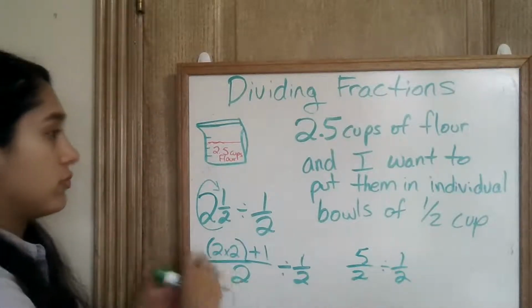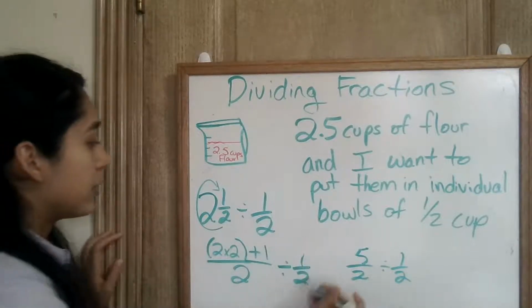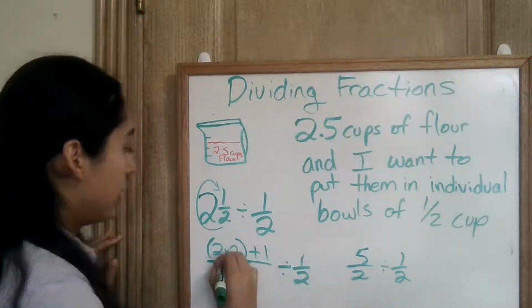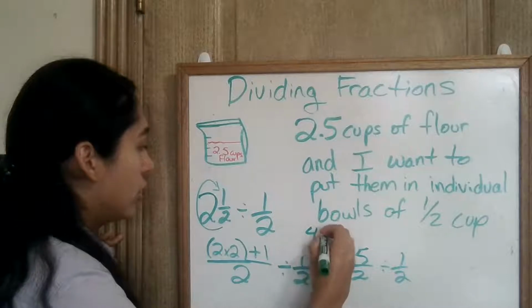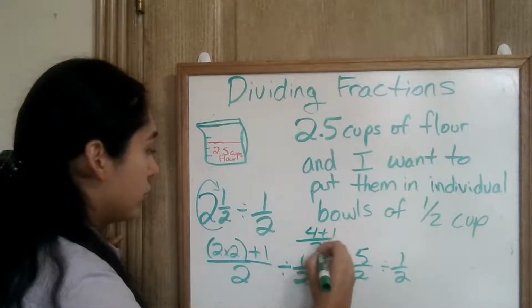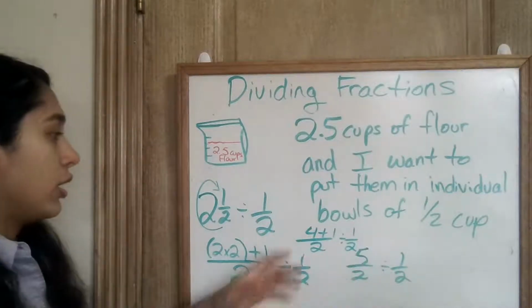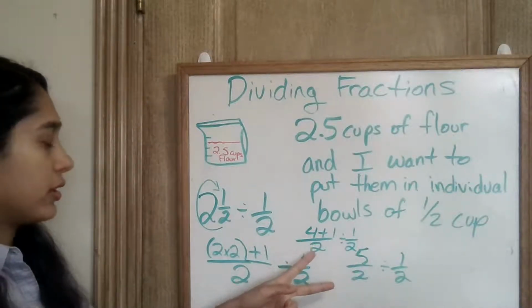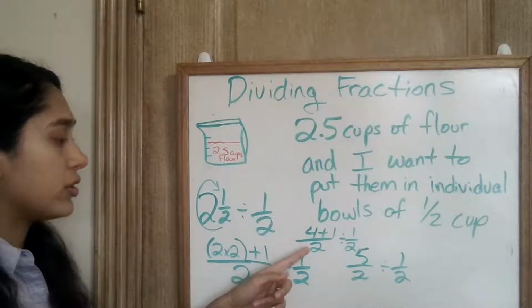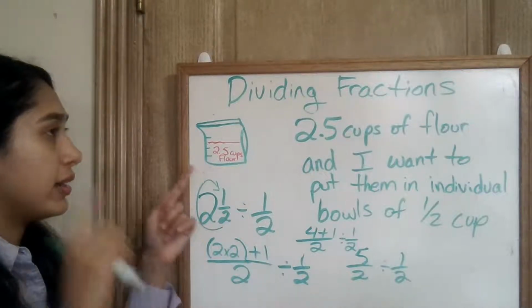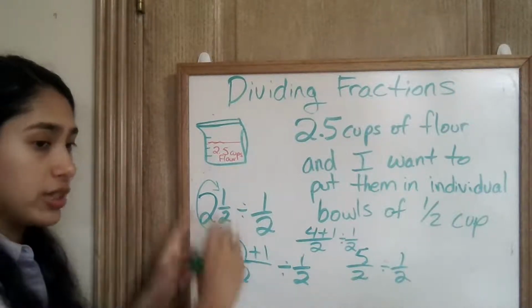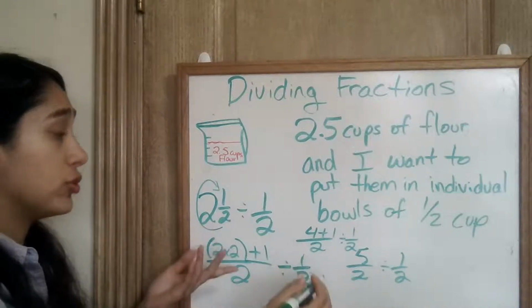Or you can just kind of stretch out the steps if you like into saying, all right, well, this is 4 plus 1 over 2 divided by 1/2. There's pros and cons to both methods. If I stretch it out, there is less likely that I might forget a number when I'm trying to translate it over here because you're doing two things at once.